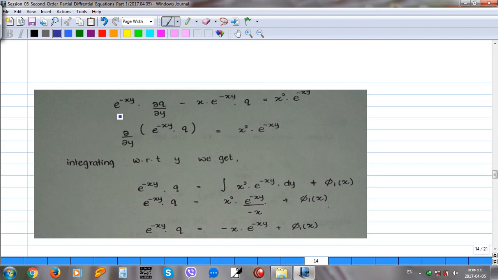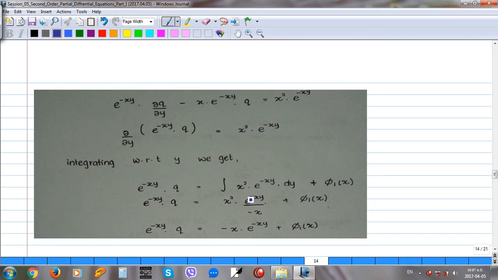Now this you can write as d/dy of e to the power minus xy times q. The right side you write as it is. After that you can integrate with respect to y, then here remaining, cancel this part, e to the power minus xy times q equals integration of x squared e to the power minus xy dy plus a constant.